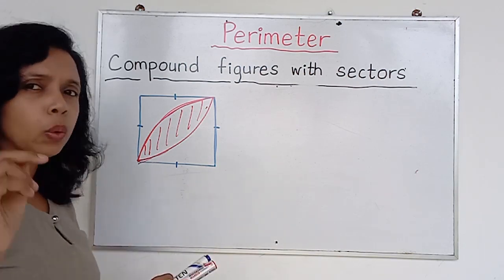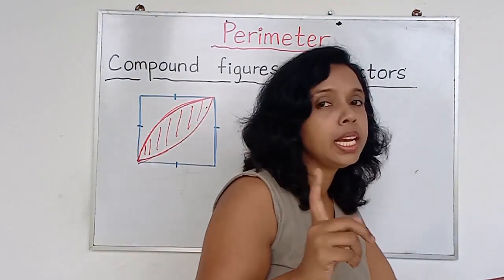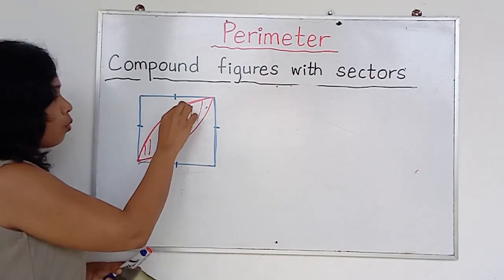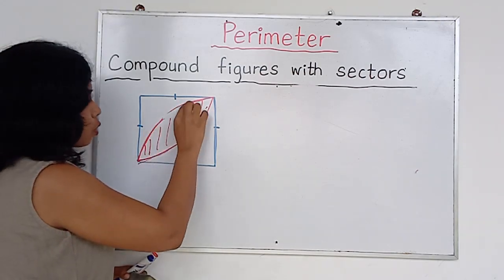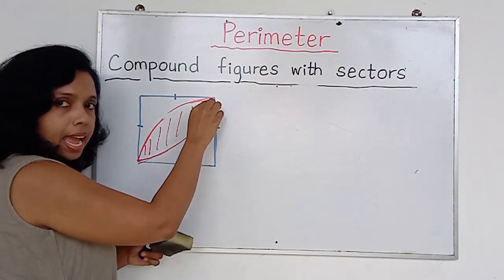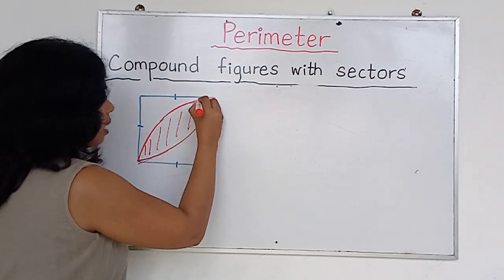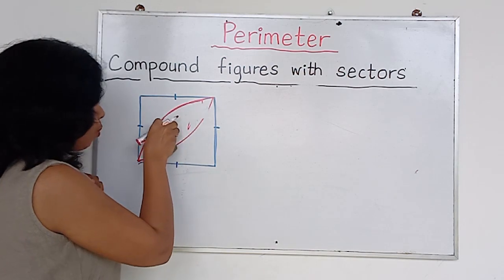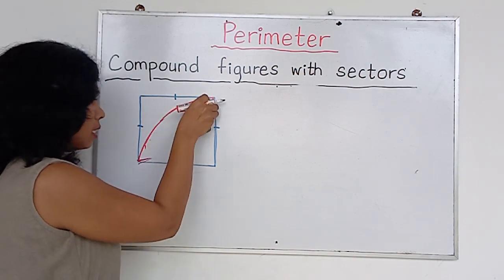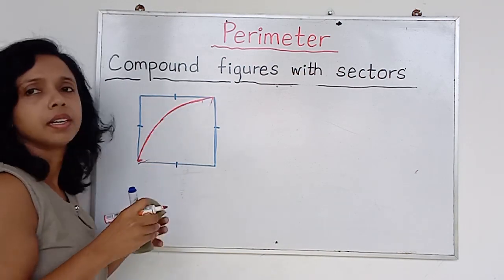Children, look at this figure carefully. Why? I want to find the length. So this length and this length. Right. Now look at this and think, if you don't have these things, now what happened, children?